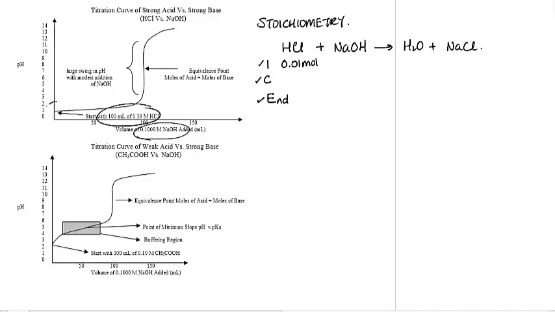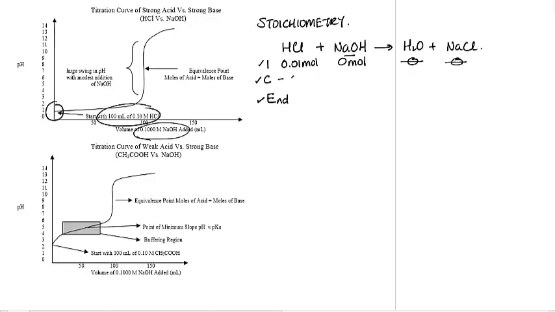Because at the starting point we have not added any NaOH, the NaOH moles will be 0. And because there has been no reaction, the amount of water we produce is 0, and the amount of NaCl is 0. Now when we take a look, obviously no reaction is going to take place because there is no NaOH.